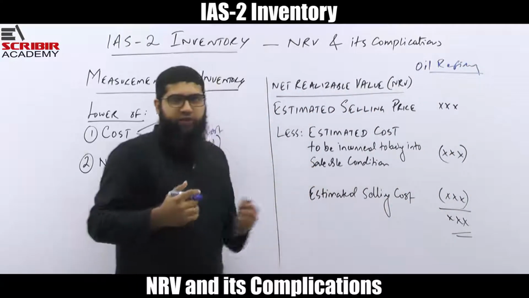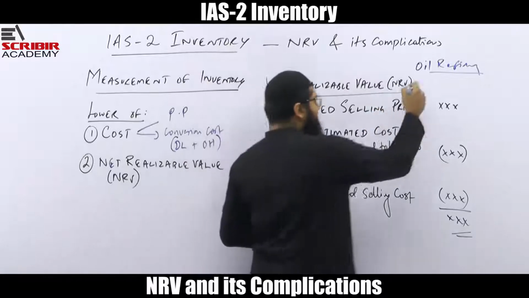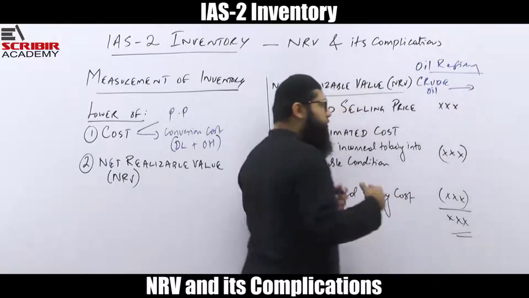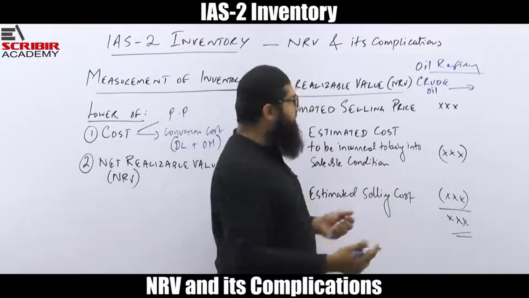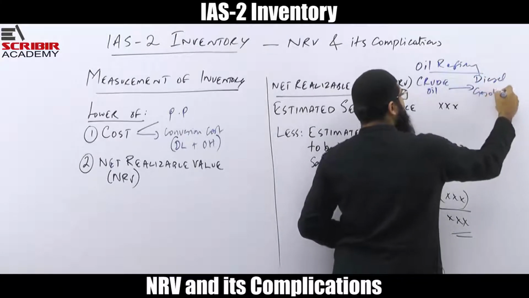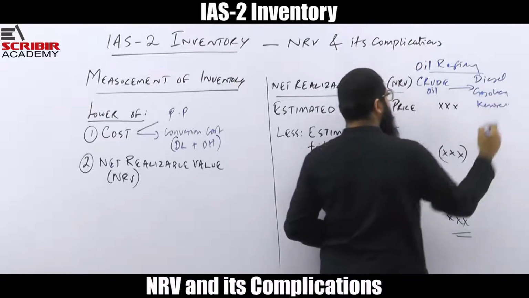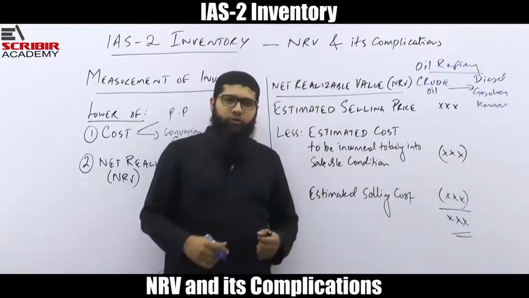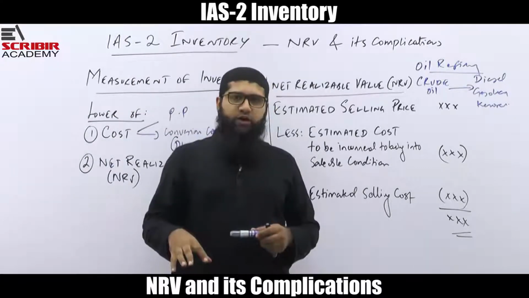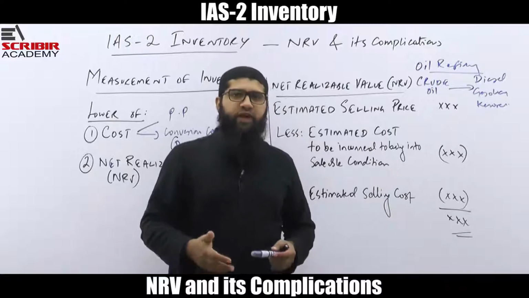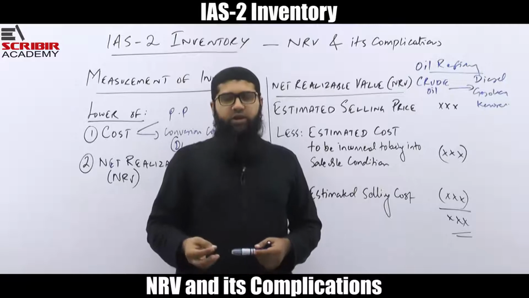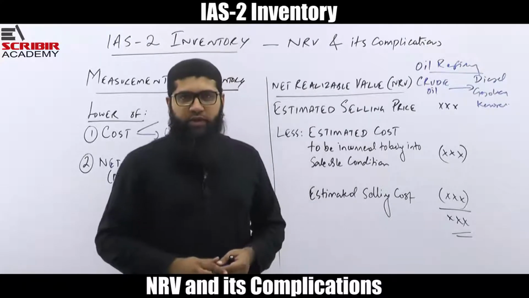With respect to the oil refinery, what it does is it converts the crude oil into different types of products, and those different types of products could be diesel, gasoline, kerosene, etc. Now, for example, if a refinery has input some of the crude oil in the manufacturing process and it wants to extract the gasoline, how exactly are we going to establish the net realizable value of that gasoline?